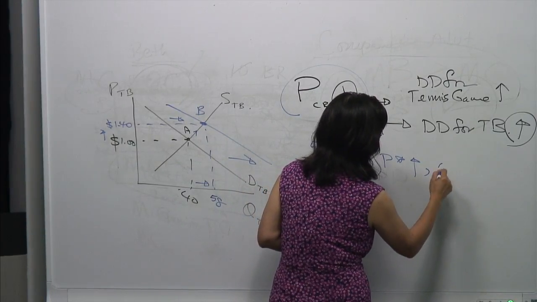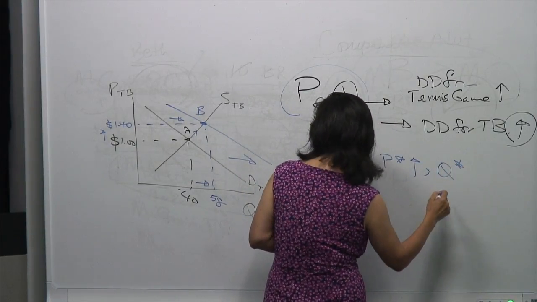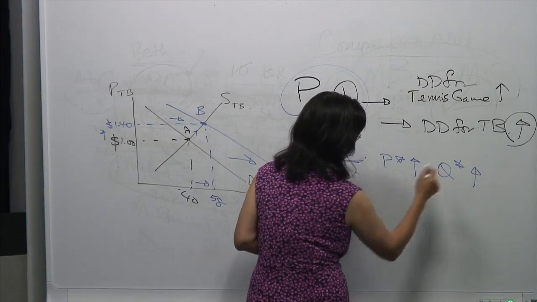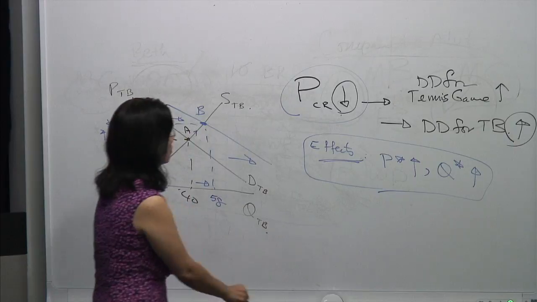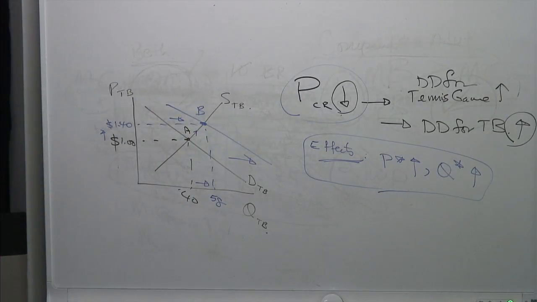And then the other effect is equilibrium quantity has gone up. So this is the answer. So box it. Price has gone up and your demand for tennis balls has gone up, so quantity demanded and supply has gone up too.